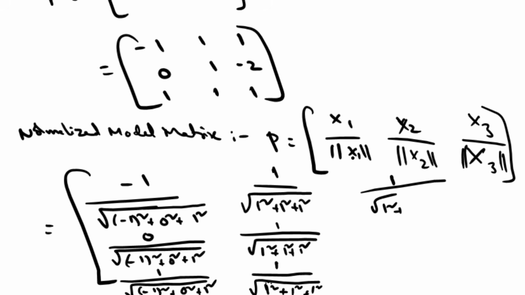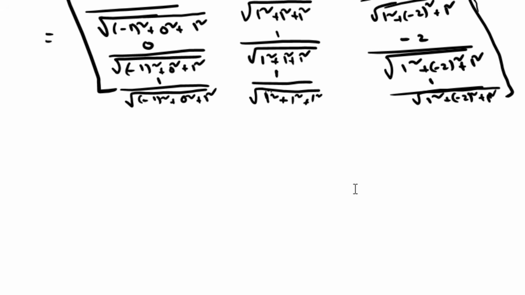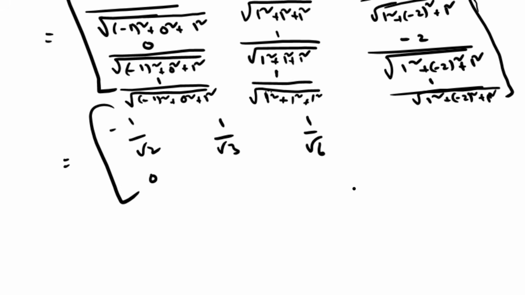Normalizing each column, for example 1 by under root of 1 square plus minus 2 square plus 1 square, which is equals to [-1/root 2, 1/root 3, 1/root 6; 0, 1/root 3, -2/root 6; 1/root 2, 1/root 3, 1/root 6].